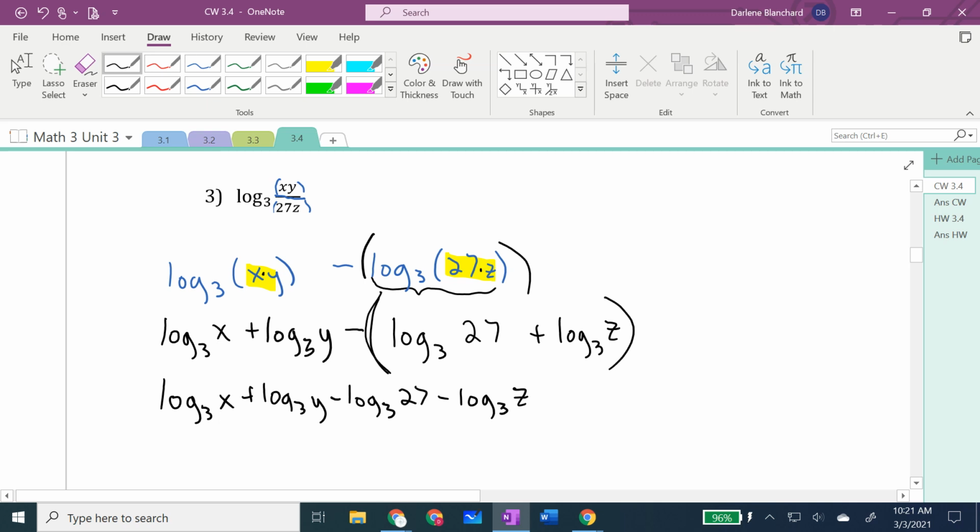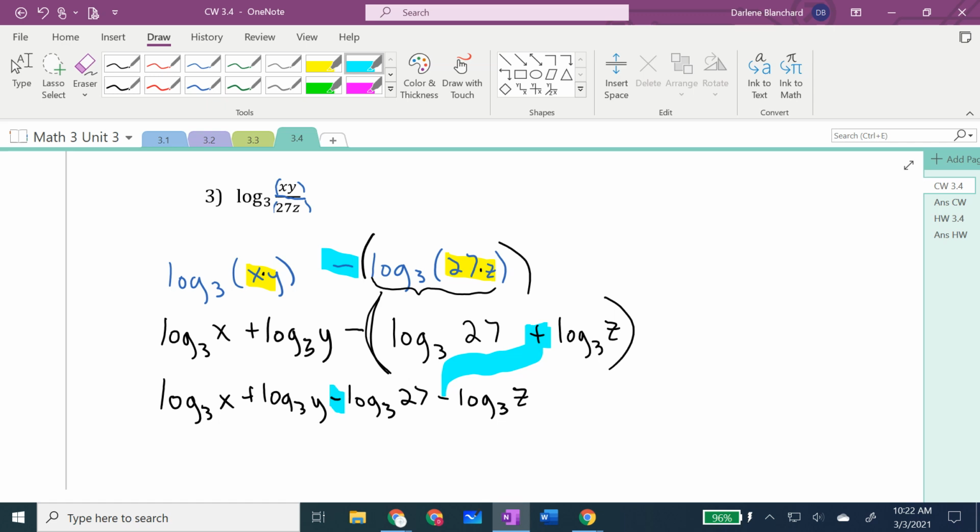And I want you to take a good look at that, because a very, very common mistake here is to put a subtraction here and then just bring the subtraction down, but to accidentally not be thinking about it and use this plus here. So be careful with that.